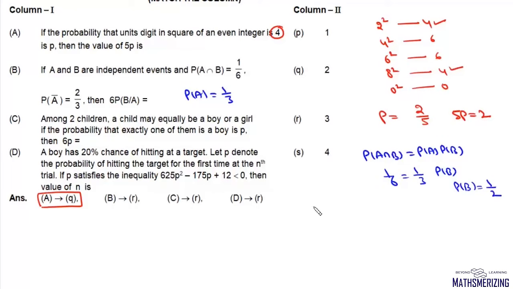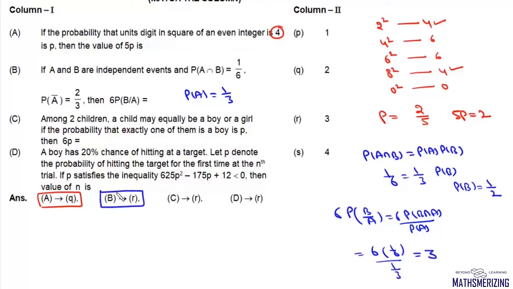Now we need to find the value of 6 P(B given A). So it will be 6 P(B intersection A) upon probability of A. Now B intersection A is 1 by 6 and probability of A is 1 by 3. So this value is nothing but 3. So this B matches with R.